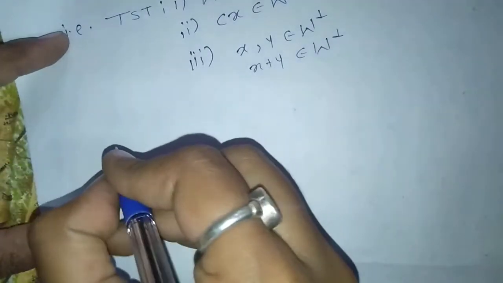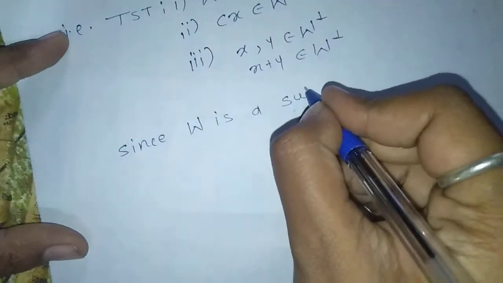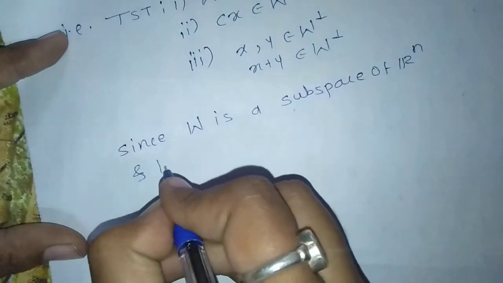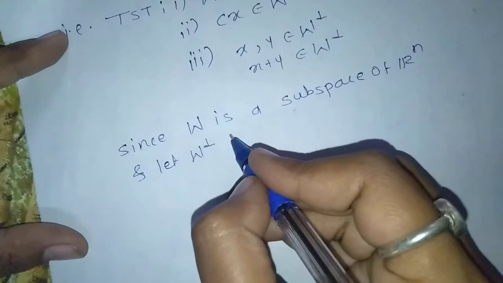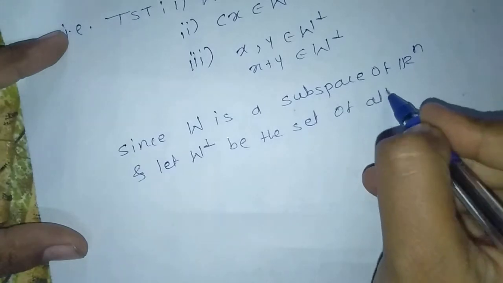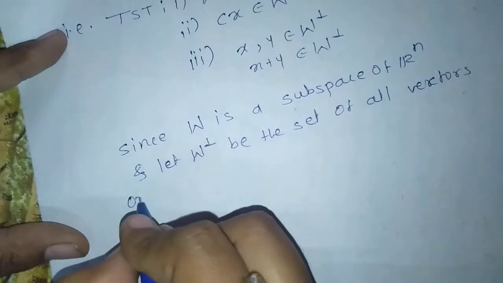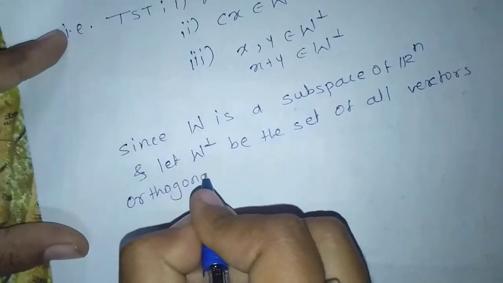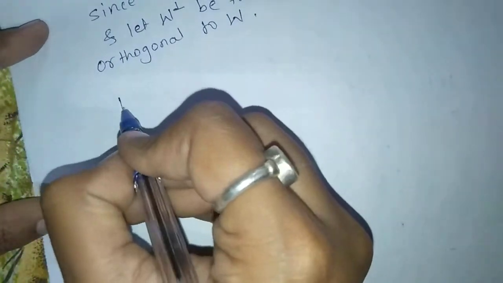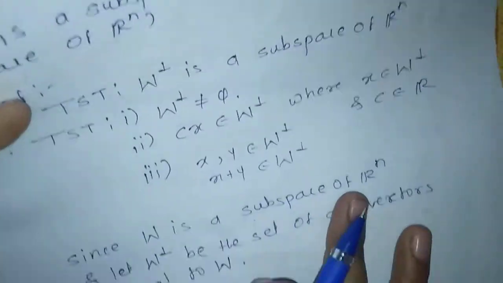First we have, since W is a subspace of Rn, let W complement be the set of all vectors orthogonal to W. Now we have to show that W complement is a subspace of Rn.